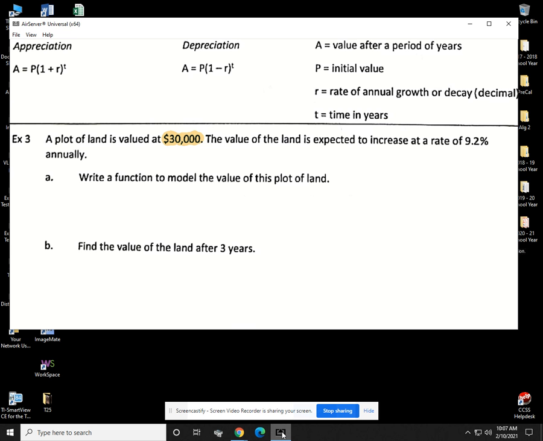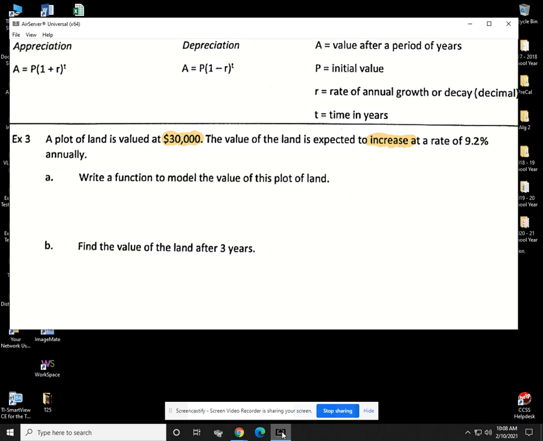Value. That's my P, my initial amount, right? That's what it's worth at the beginning. Then it says it's expected to increase. What's that telling me? It's going to go up, so it's positive. It's appreciation.